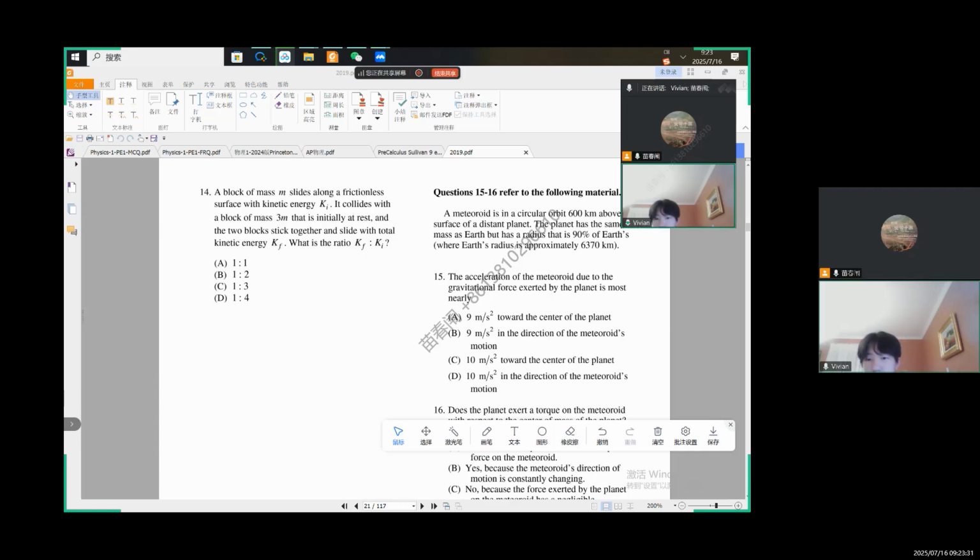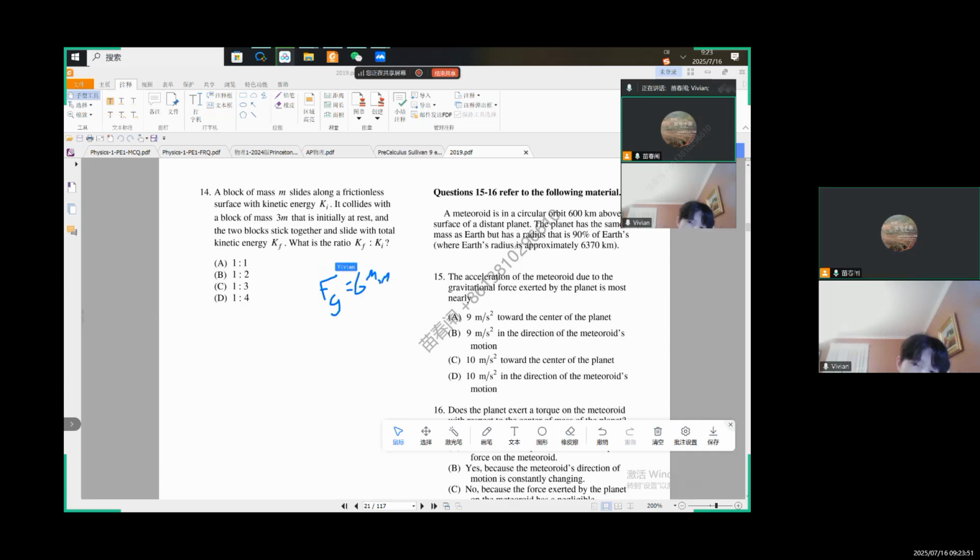Is it A? Wait, no, wait. You have to deduce all the way. That's why I mentioned 14. Just deduce all the way. When do we not deduce? When it's really impossible. So we deduce, we draw the diagram, understand the phenomenon, observe, and deduce all.